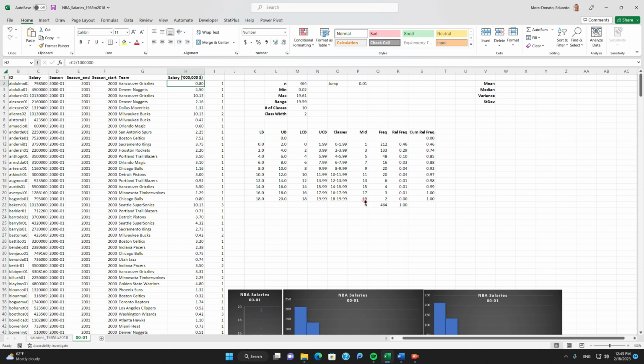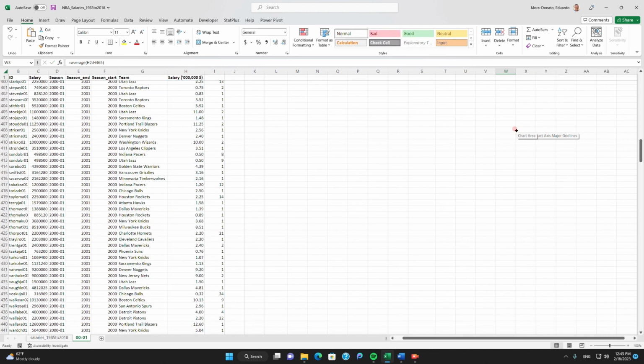Remember that in some situations we don't have the data but only the table, and we need to be able to estimate these descriptive statistics from the table. We're going to do both ways and then we're going to compare the results. So the mean is the average. So I calculate the average.